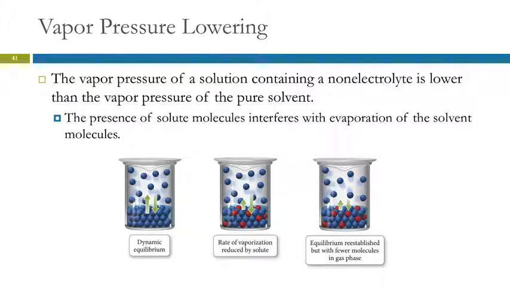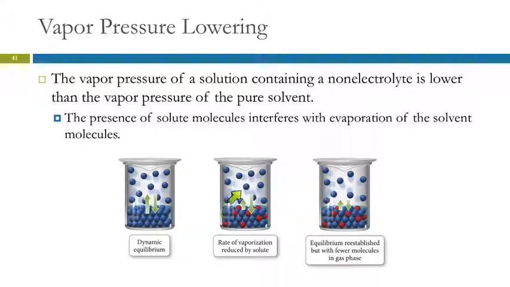To evaporate, the molecule has to have enough energy and be headed in the right direction to break through the surface, right? If there's other molecules here at the surface, they're going to get in the way. And those molecules will just get bounced back. So essentially this is reducing the surface area by occupying it with other molecules. So the rate of evaporation is diminished.